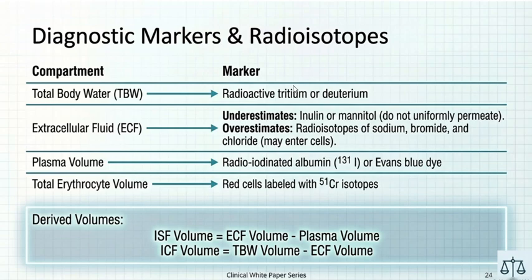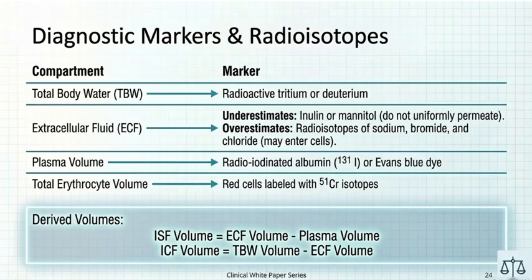So, different compartments are measured using different indicators. Total body water is measured using isotopes like tritium and deuterium. Extracellular fluid can be measured using substances like inulin or mannitol, although they may slightly underestimate the volume.